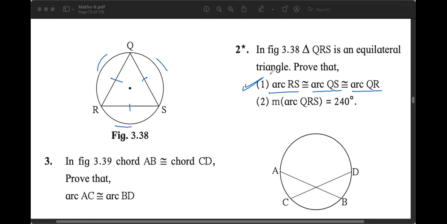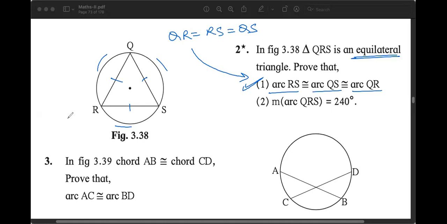And how do we know that they are congruent chords? Because it is an equilateral triangle. QR is equal to RS is equal to QS. From here, we can say corresponding arcs of congruent chords.